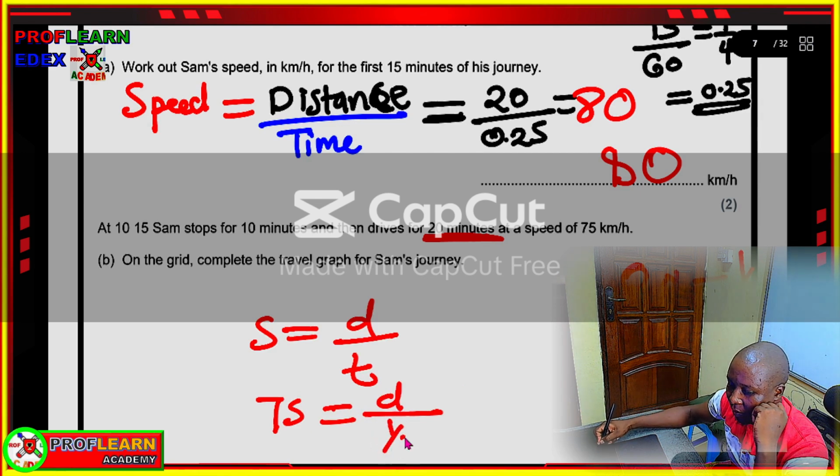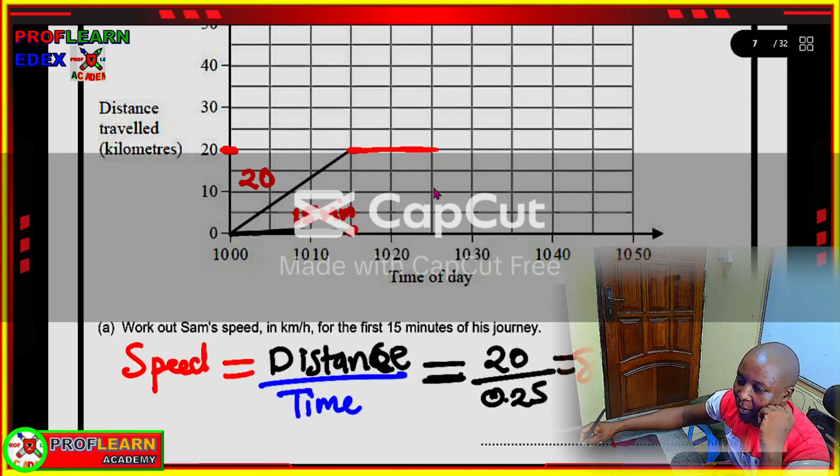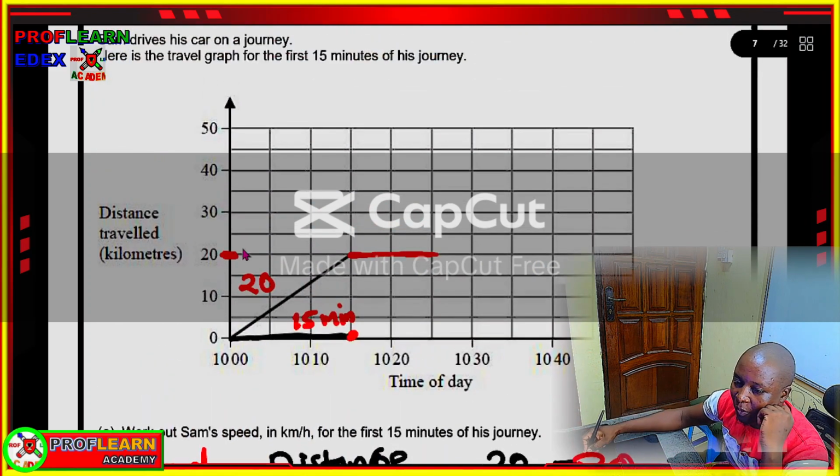So we have 1 over 3 hours here. If we want to find the distance, we multiply by 1 over 3 on both sides. So this and this cancel, so that we have 1 here and this is going to be 25. So the distance is going to be 25 kilometers.